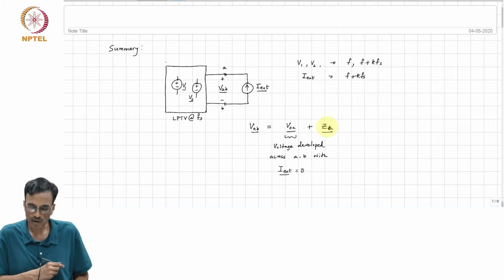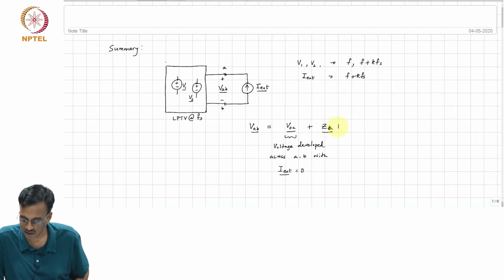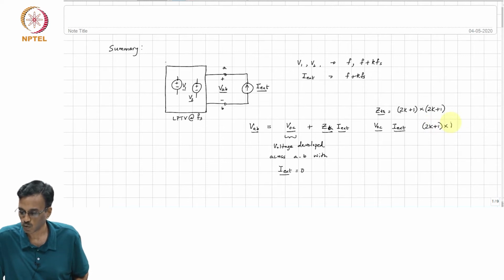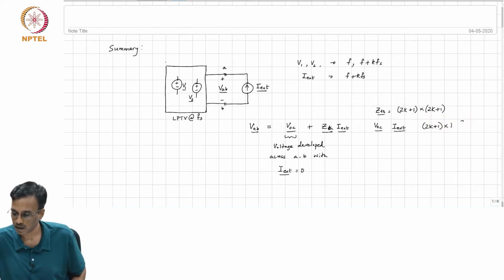That is a matrix, however, and this gets multiplied by I external. Z Thevenin is a 2k plus 1 cross 2k plus 1 matrix, and VOC and I external are 2k plus 1 cross 1 column vectors, right.